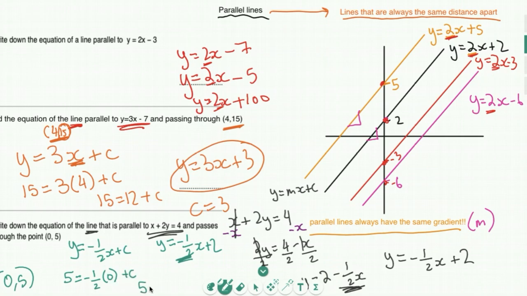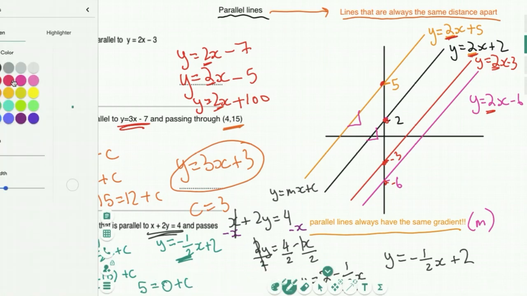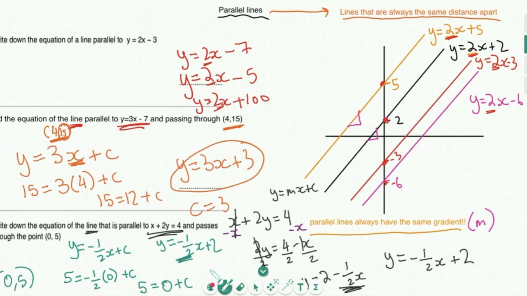So 5 equals negative half times 0. Anything times 0 is 0, so 0 plus c. So 0 plus something is 5. C must be 5. So our final answer is y equals negative half x, and our c value is plus 5.